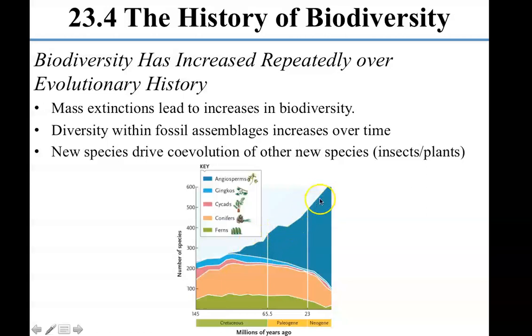With more and more flowering plants evolving, this provided a greater diversity of flowers and fruits, and basically more food and habitat for pollinators and insects that eat plants. So we see that the increase in the angiosperm biodiversity is parallel to the increase in insect biodiversity during this time.